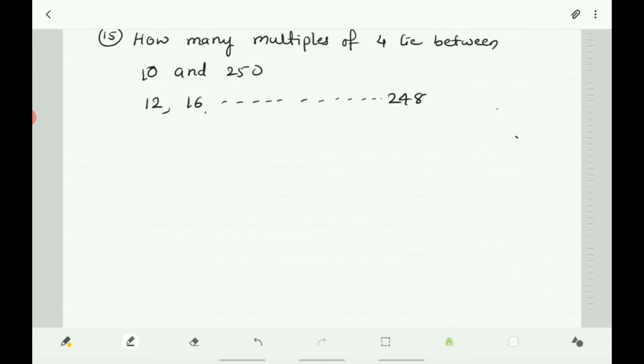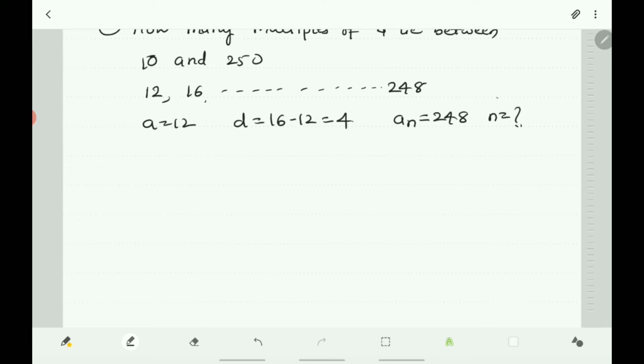Now consider the first term is a, that is 12, and the common difference is d, that is 16 minus 12 is equal to 4. And let us consider the nth term is 248 and find n. Write the formula: an is equal to a plus n minus 1 into d, and a is 12 here plus n minus 1, d is 4, is equal to an, which is 248.